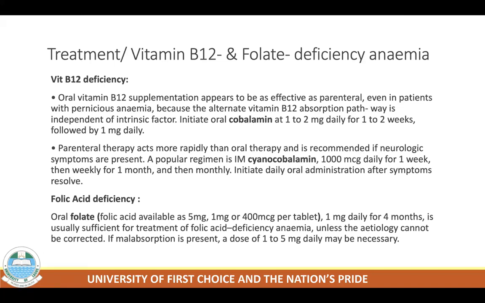For B12, it doesn't undergo the first pass effect, where about 80% of the medicine is either destroyed or converted to a proform. So you do not get any loss of absorbed cyanocobalamin. It goes straight into plasma and avoids the first pass effect that always occurs when you take medicines through the oral route. I hope you know what first pass effect is.